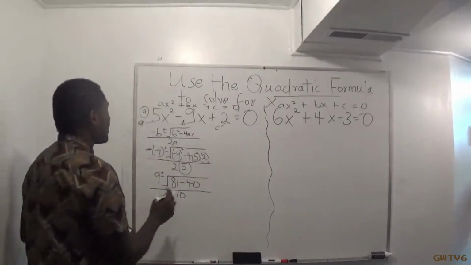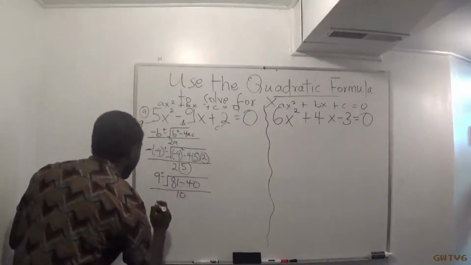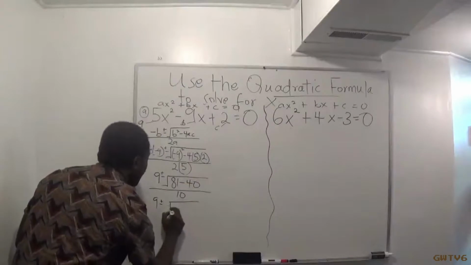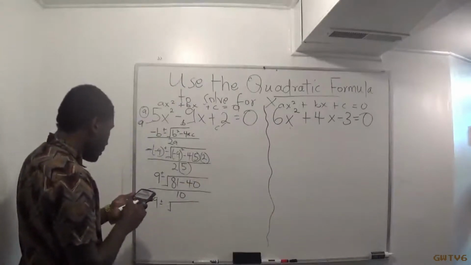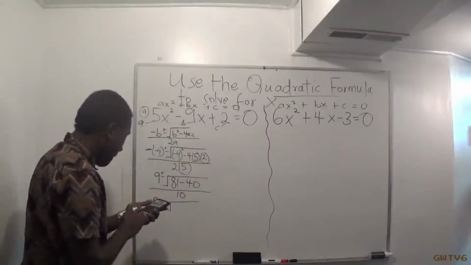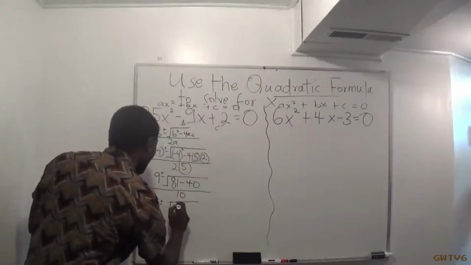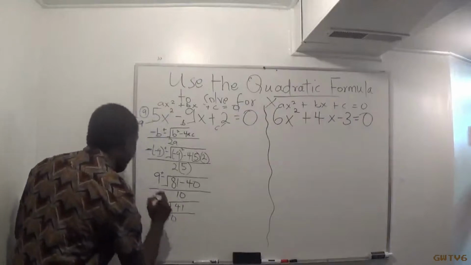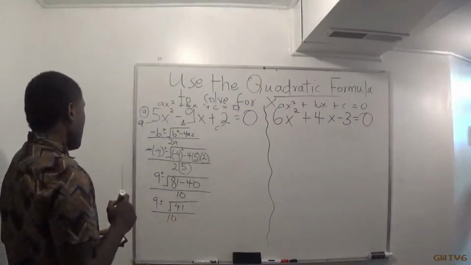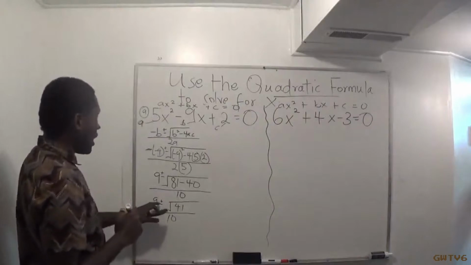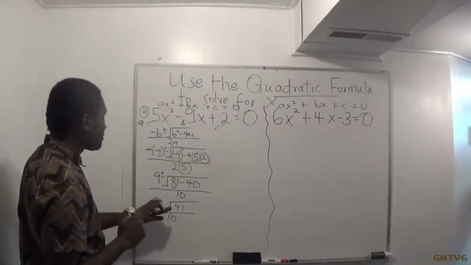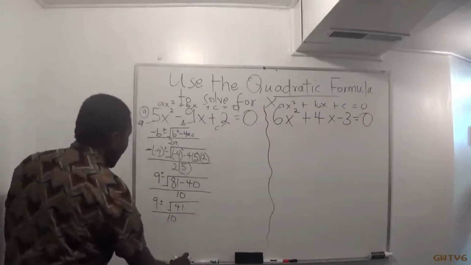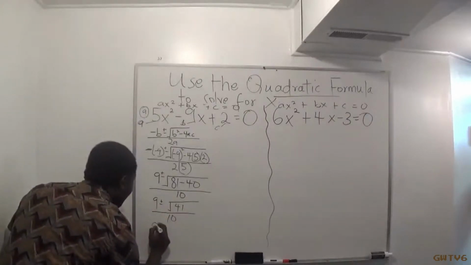I can still combine like terms here. So I have 9 plus or minus the square root of 81 minus 40. 81 minus 40 is positive 41, and the whole thing is over 10. Since this is plus or minus, I can split it into two.